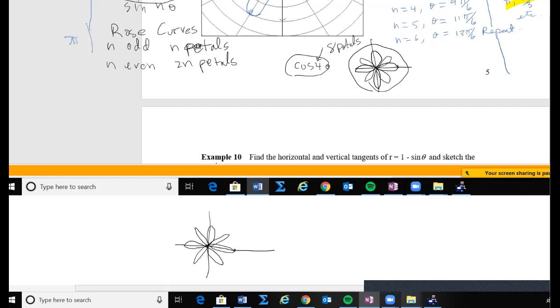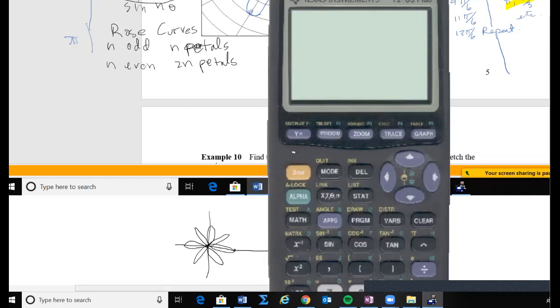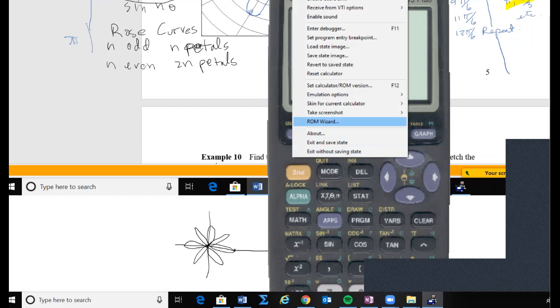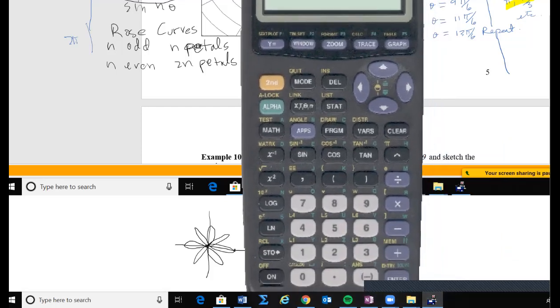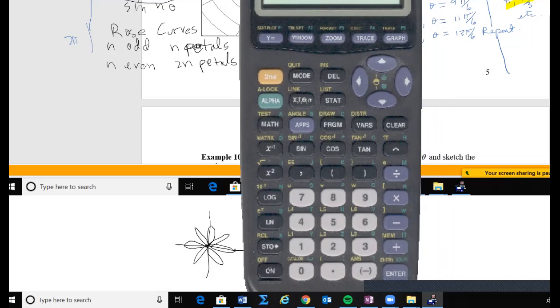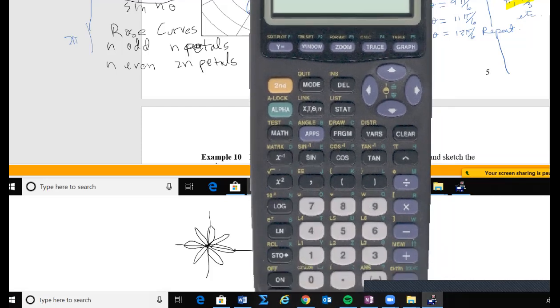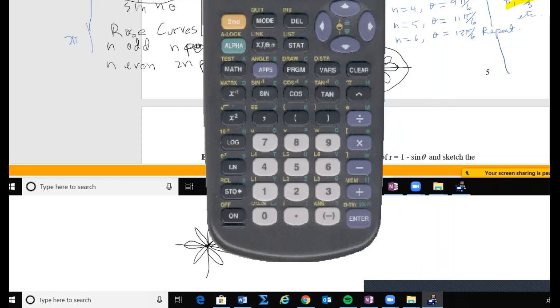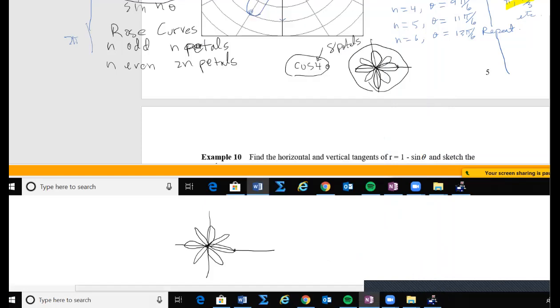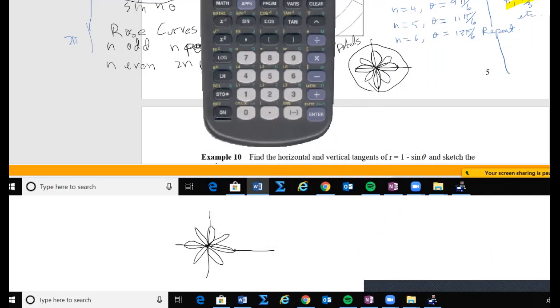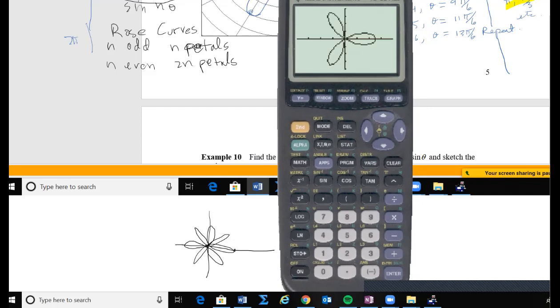Okay, why don't we just do this? Put this on here, and this back on. Okay, no, it's a little too big. Gotta shrink it. Okay.